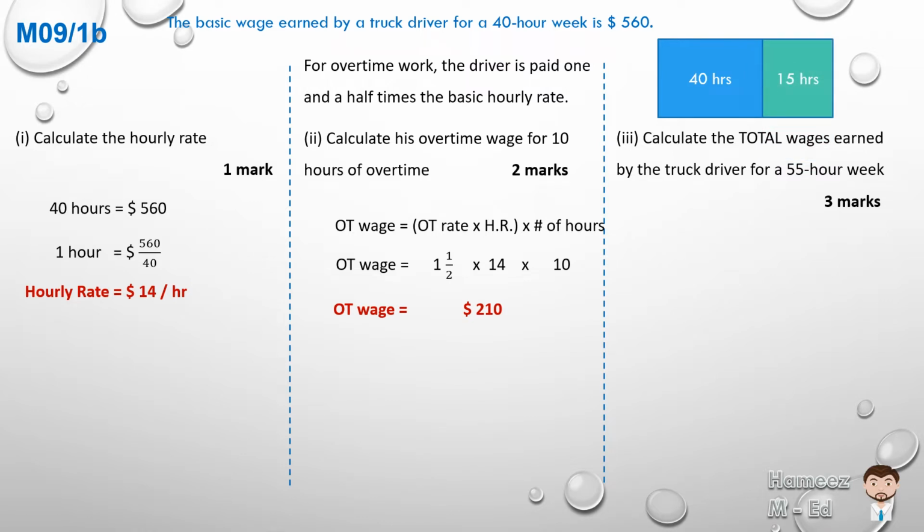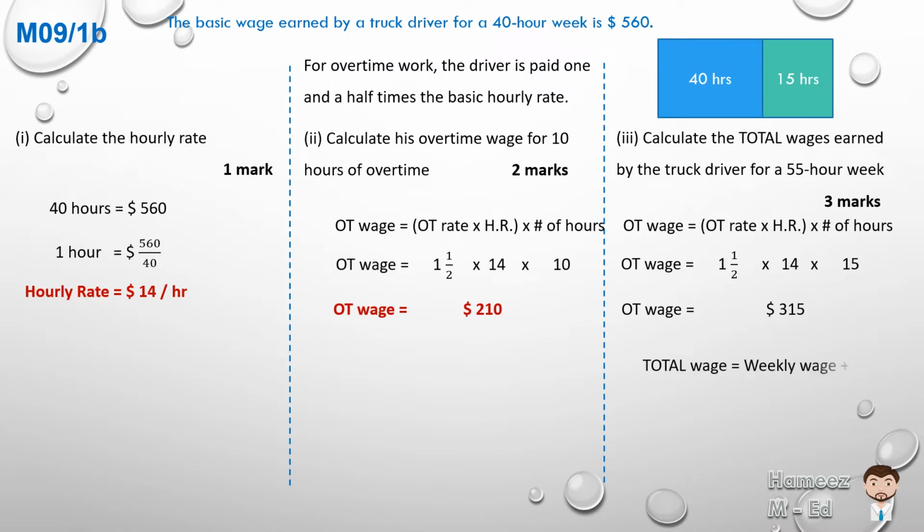So we know his wage for the 40 hours, but we need to work out his overtime wage for this 15 hours. So let's do the same working as we did in part 2. Overtime wage is overtime rate times hourly rate times the number of hours worked. And if we substitute 1.5 times 14, that's the hourly rate, times 15 hours. And that gives us an overtime wage of $315.